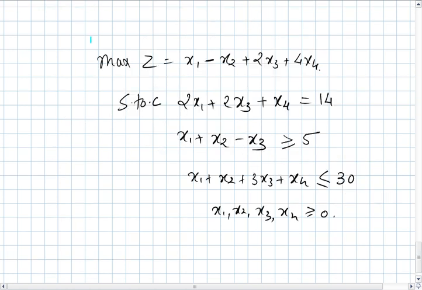So let's write down the problem: maximize z is equal to x1 minus x2 plus 2x3 plus 4x4 subject to the constraints 2x1 plus 2x3 plus x4 is equal to 14. x1 plus x2 minus x3 is greater than or equal to 5. x1 plus x2 plus 3x3 plus x4 is less than or equal to 30, with all xi's non-negative.